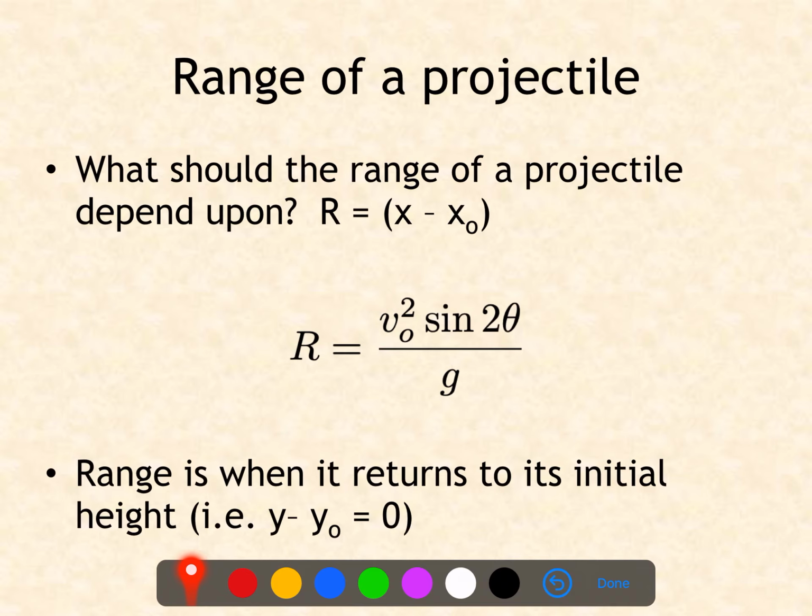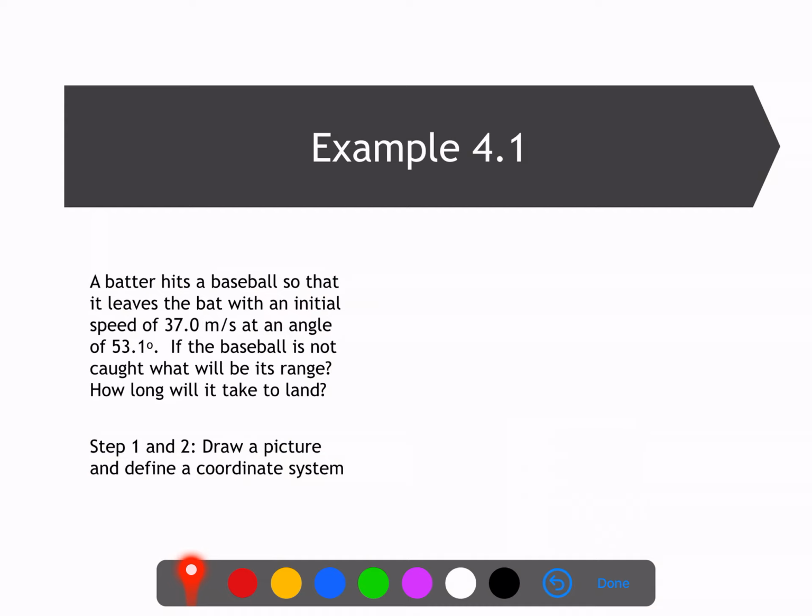So let's take a look at something like that. Let's take the example that you see here where a batter is hitting a ball, and what we're given is the initial speed of the ball as it leaves the bat, along with the angle that that velocity vector makes with the horizontal. And we want to actually know two things in this problem. We want to know what its range is, but we also want to know how long it will take to land.